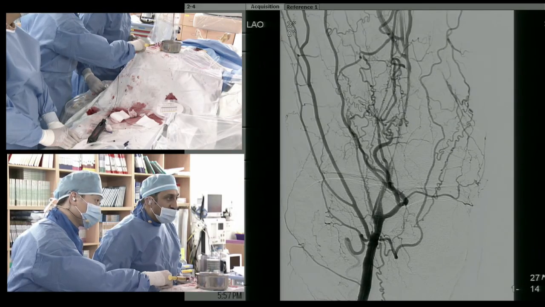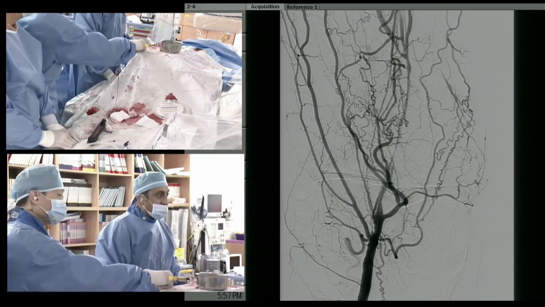That wire, let me take a better picture here.